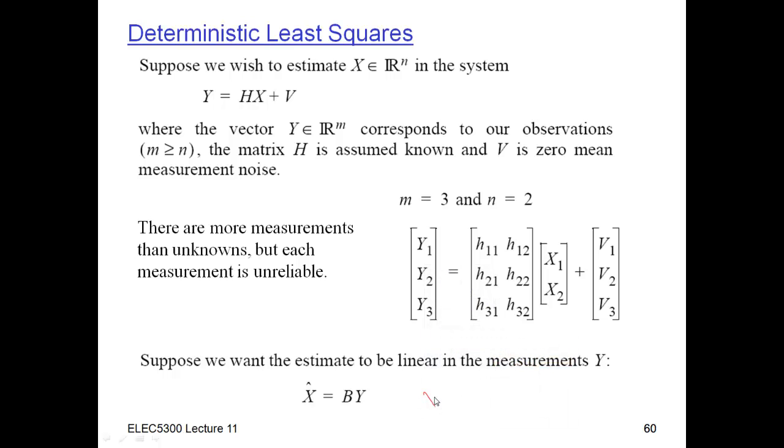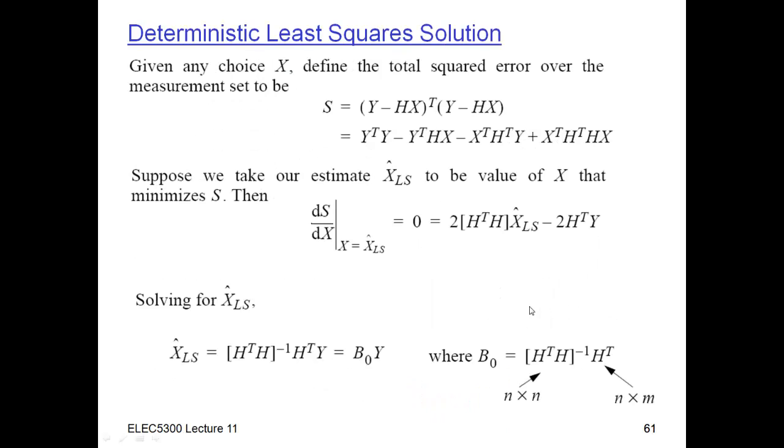So x hat would be in dimension n, which is 2. B would be this matrix here, which is n by m, and y is m dimensional. We're going to take all of these measurements and combine them together to get, let's say, 2 parameters.